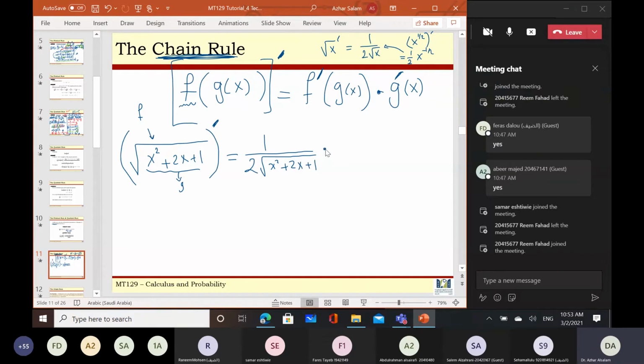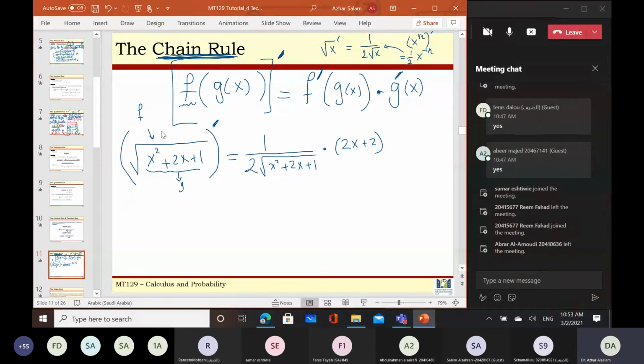Then multiplied by the derivative of what's inside the square root. أشتقها أو أضربها في مشتقة ما بداخل الجذر, which is 2x plus 2. Okay? This is the derivative of this function. مشتقة جذر وعندي دالة داخل الجذر. أول شيء أشتق الجذر بعدين أشتق ما بداخل مضروبين في بعض.